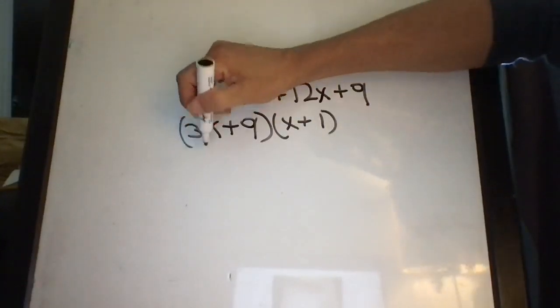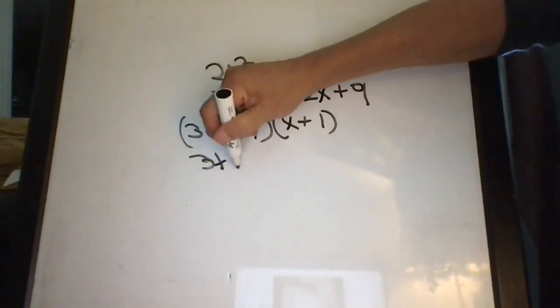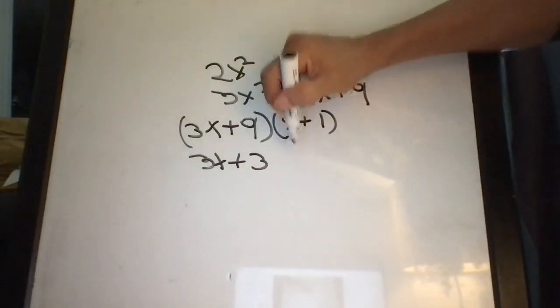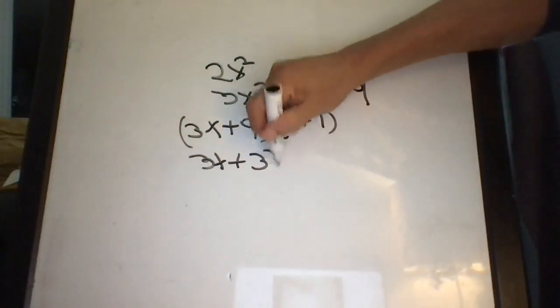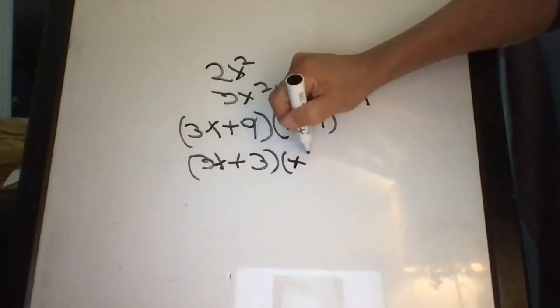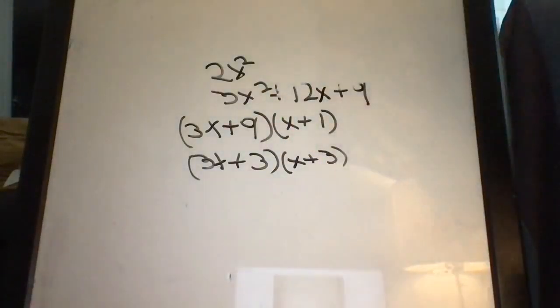But what I was hoping for was 3x plus 3 and x plus 3. And I think I got that on video.